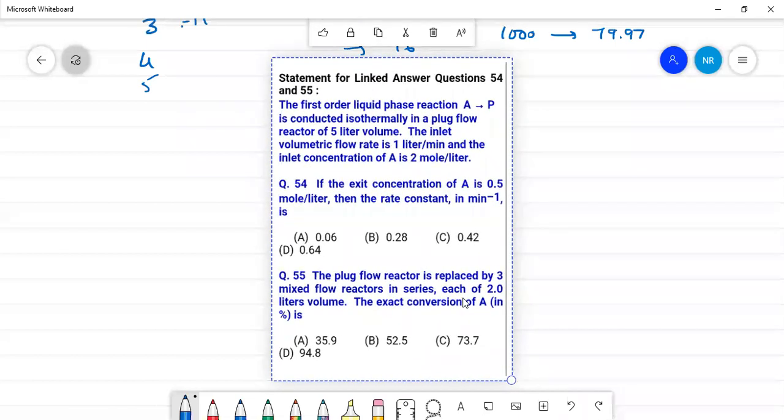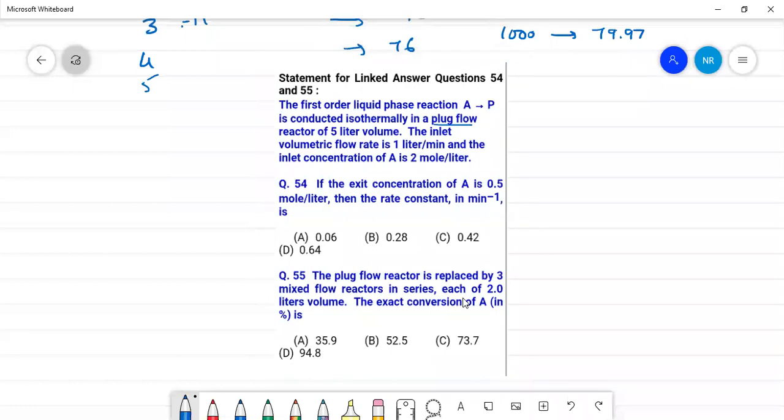The example says: first order liquid phase reaction A gives P in an isothermal plug flow reactor, and the plug flow reactor volume is 5 liters. Initial volumetric flow rate v0 is given, CA0 is given, and exit concentration CA is given. So initial and exit are both given, and we are asked to calculate the rate constant for the plug flow reactor.